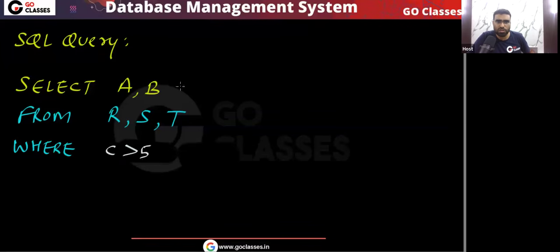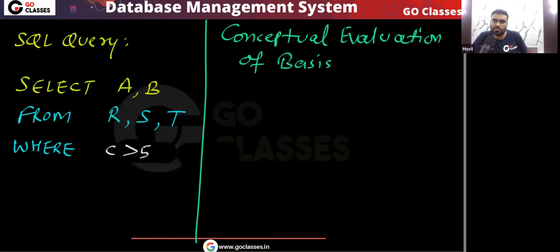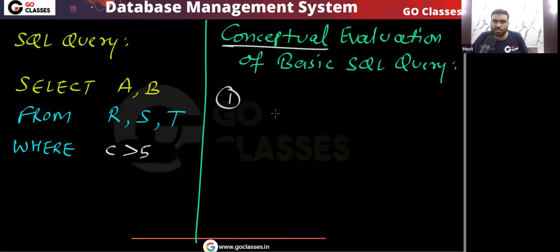Now let me tell you the conceptual evaluation. When you see this query, what will it actually output? The conceptual evaluation of a basic SQL query is like this: first you do the cross product of these tables.